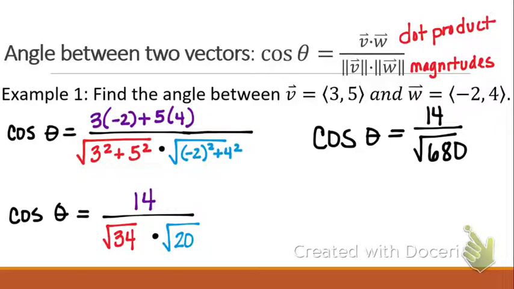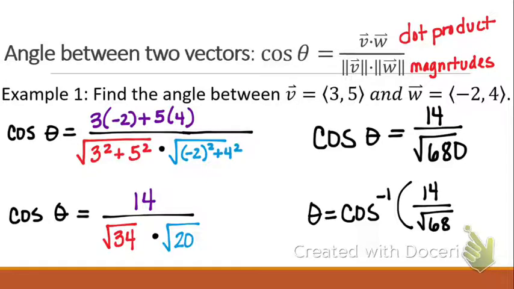And when you type this in your calculator, theta equals the inverse cosine of 14 divided by the square root of 680. Go ahead and type that in and see what you get for your angle.